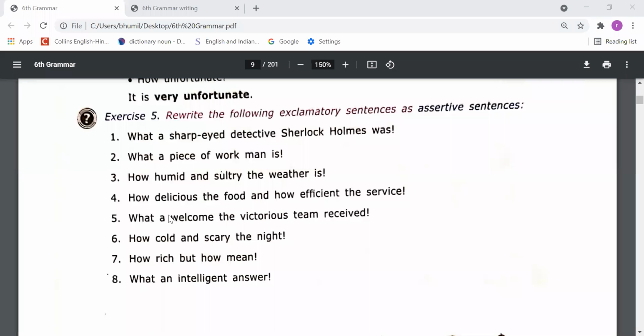Next, "How delicious the food and how efficient the service." For this sentence, we need to say that the food was very delicious and the service was very efficient, right? So four I have told you, and the rest of the sentences you have to do by yourself, right?